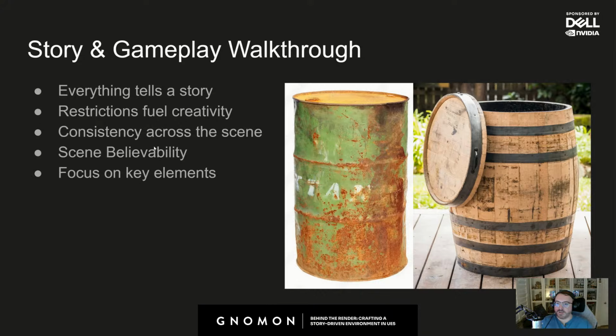The first point on my slide says everything tells a story, and that's absolutely true down to the individual prop. The pictures I chose here are two barrels, and even though it's just a barrel, just looking at them tells a little story. This oil barrel is old and rusty, it has probably seen better days. It's been through some things, right?